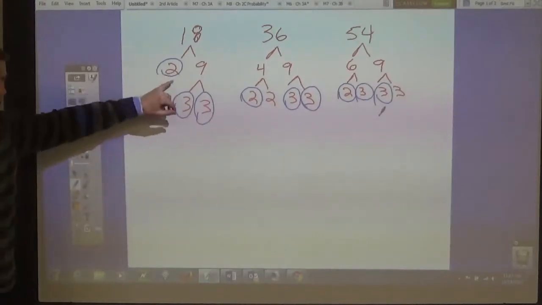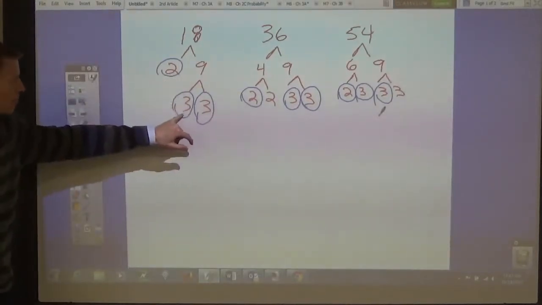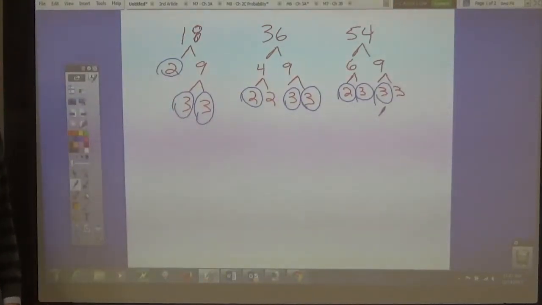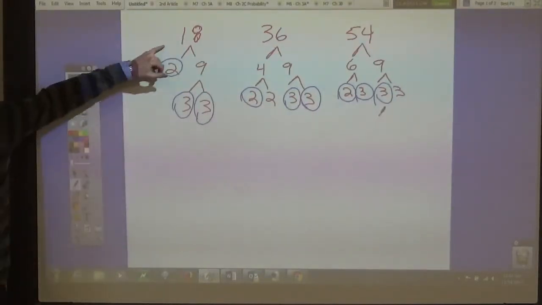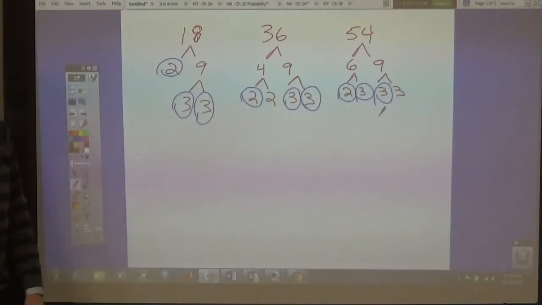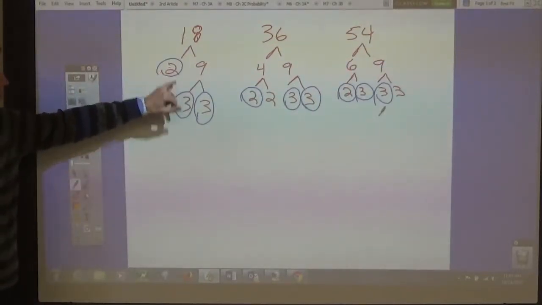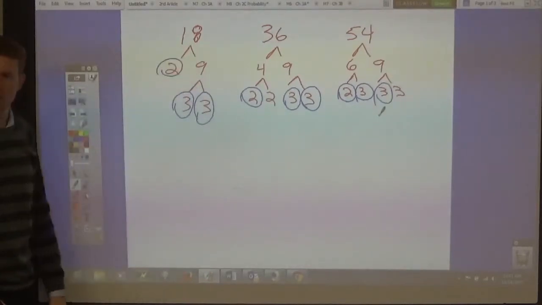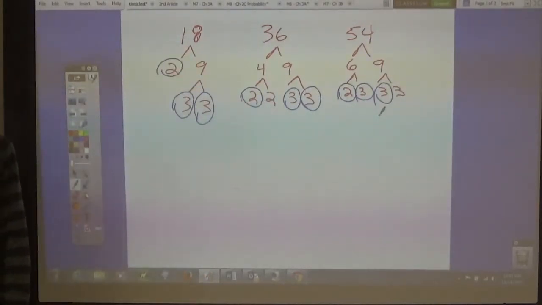Those are the ones that they have in common. 2 times 3 times 3. What is 2 times 3 times 3? It already says it up here, right? 2 times 3 times 3 is 18. So 18 is the greatest common factor. Okay?